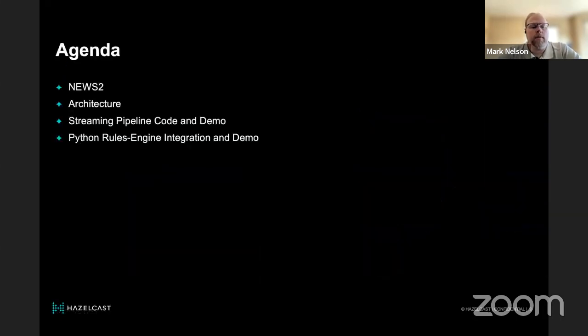Today we're going to go over the genesis of it, this News2 algorithm that was developed out of the United Kingdom. Then we'll go over a little bit of the architecture, have a little bit of a code review on the streaming pipeline, and do a little demo.